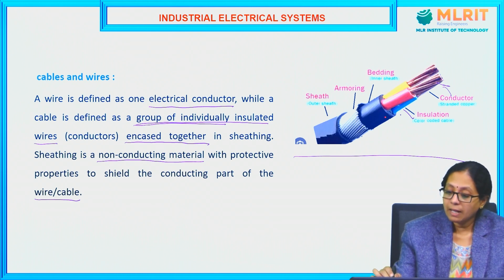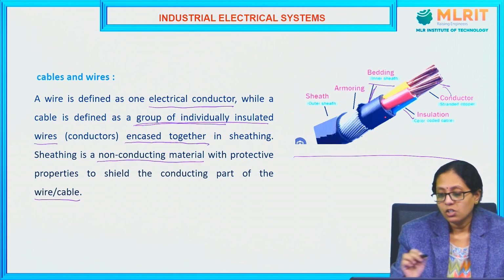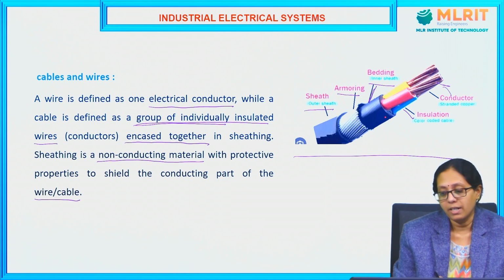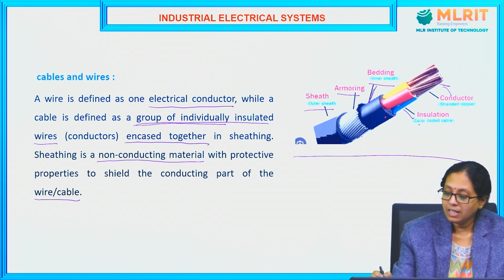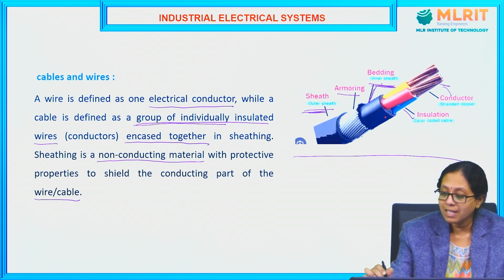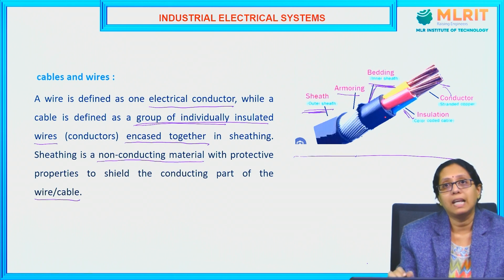This particular cable again has an inner sheath which is armored together, and an outer sheathing is also provided. So here you can see the inner sheathing as well as the outer sheathing. So two types of sheathing as well as insulation. So there are three layers of insulation provided for this particular cable.